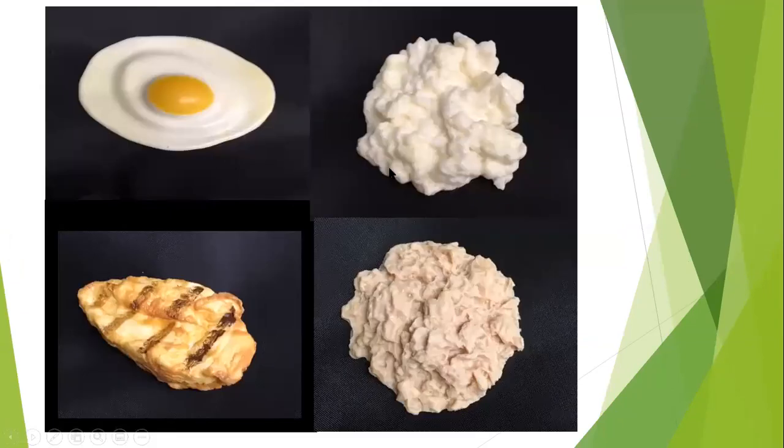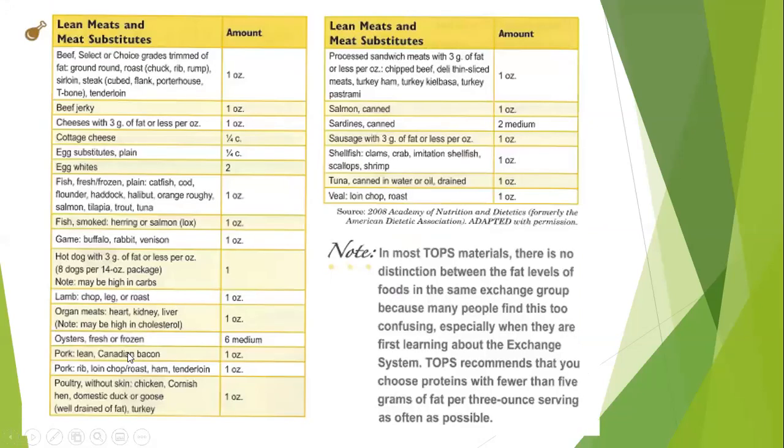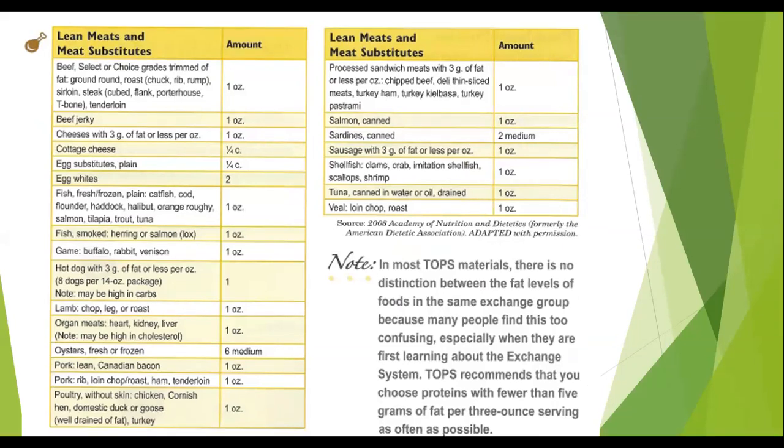This is a sample of different meat exchanges that you can have throughout the day. These are actually meat substitutes, except for the chicken, which is considered a meat. On a meal plan, you can have 5 meat servings per day on a 1,500 calorie eating plan.